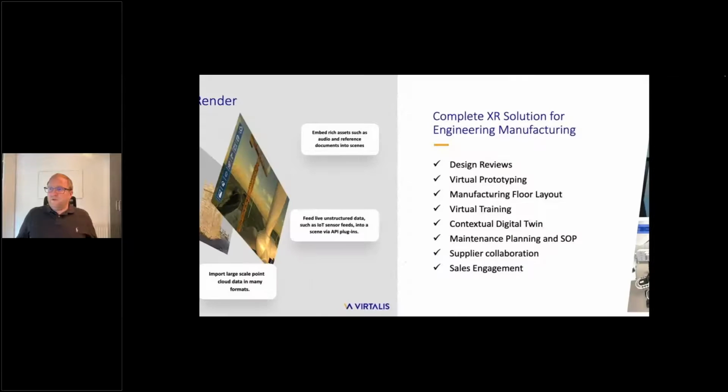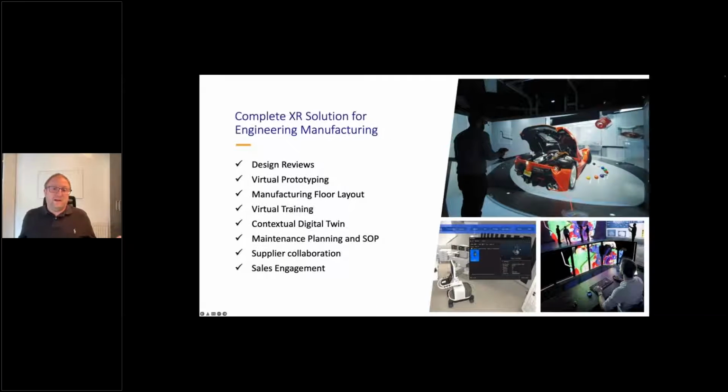So next up, let's talk about some of the key use cases in which XR is relevant, particularly within manufacturing engineering. We've talked briefly about design reviews, being able to understand and see very early on in the value chain what is working, what is correct, what needs to be changed and modified.